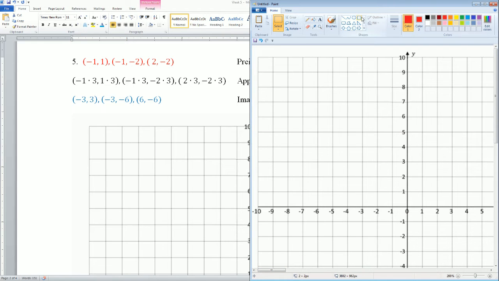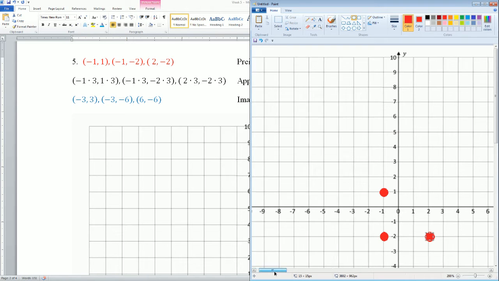Let's go to the dot. Alright, -1, 1. -1 in the x, 1 in the y. Should be that. -1, 2. And lastly, 2 and -2. Good. There you go.